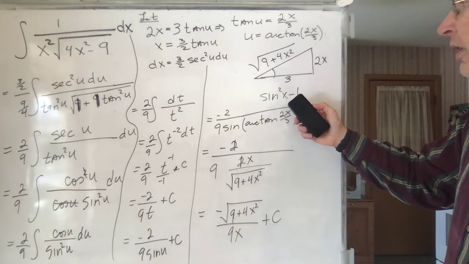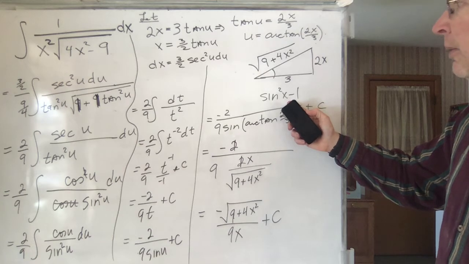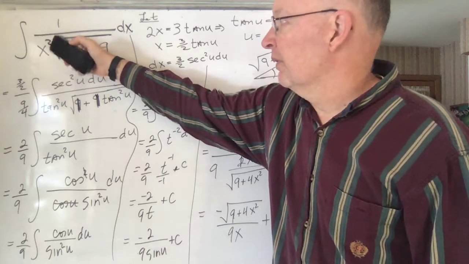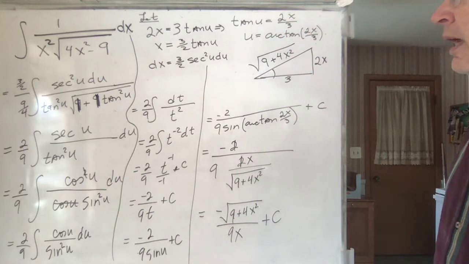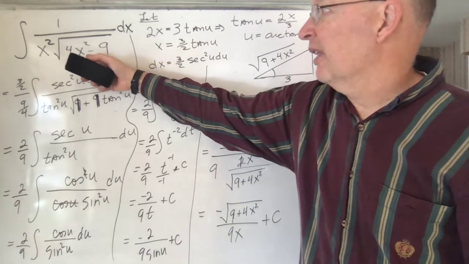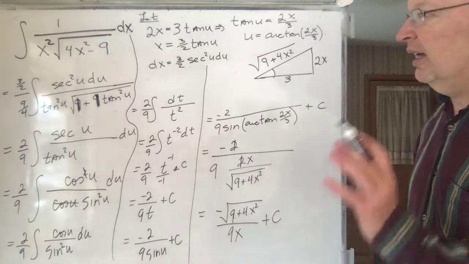That doesn't work because you'd get a negative cosine in there, which is no good. You get a square root, so that's no good. And so this is one where you would actually use a secant substitution. You let x be equal to secant of u. I typically just don't do those.